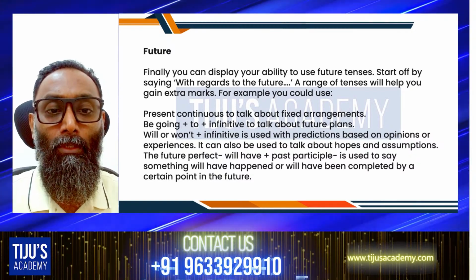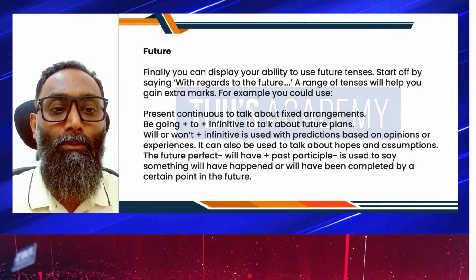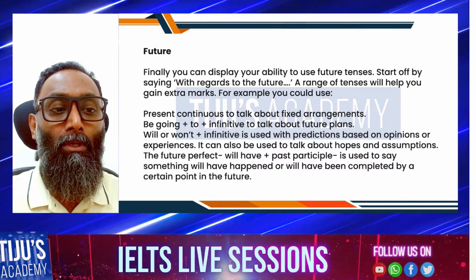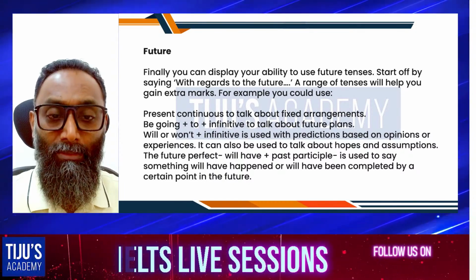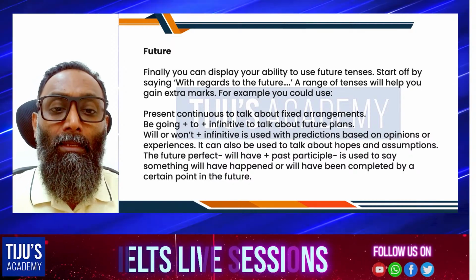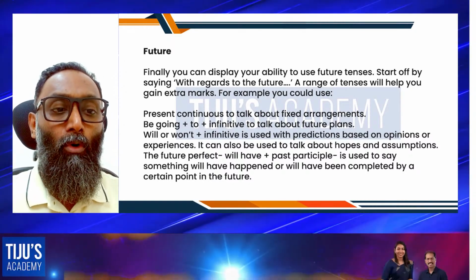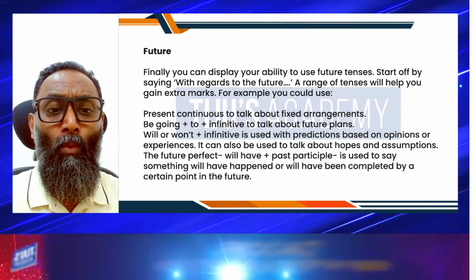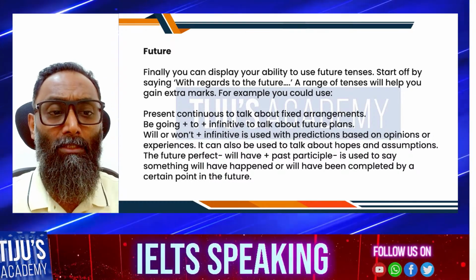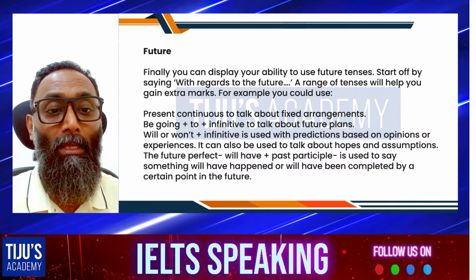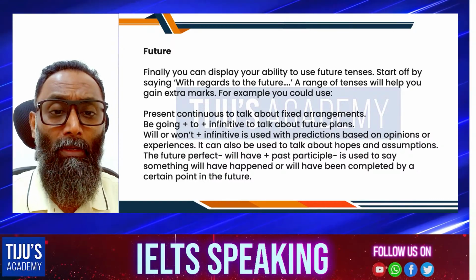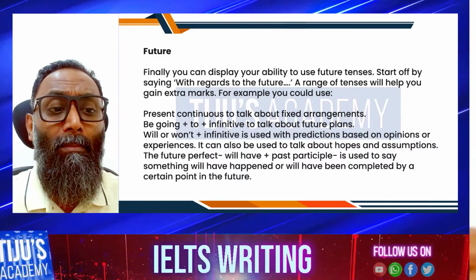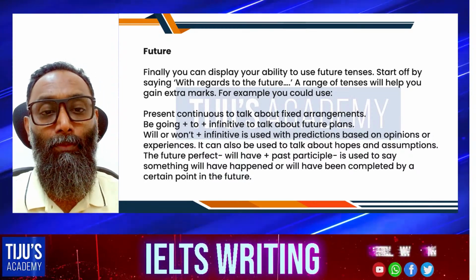Will or won't plus the infinitive is used with predictions based on opinions or your experiences, and it can also be used to talk about hopes and assumptions. The future perfect is will have plus the past participle, used to say something will have happened or will have been completed by a certain point in the future.